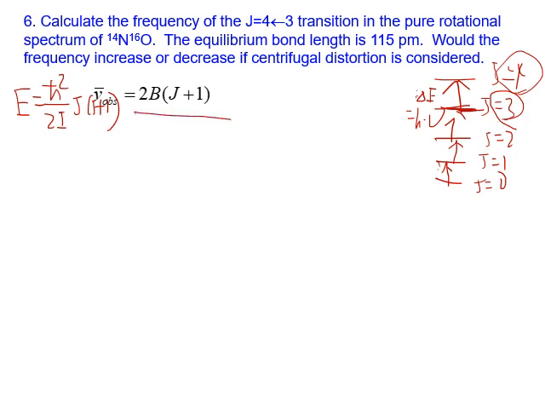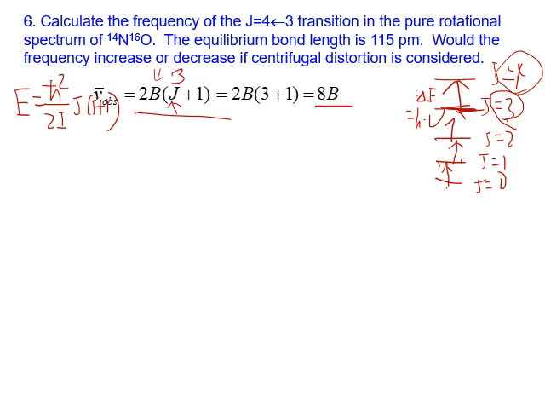That's the separation between any energy levels as a frequency. So that's the general equation. What is J? In this case, J is from 3 to 4, so you plug in 3 here. 3 plus 1 is 4, 4 times 2 is 8, so it should be 8 times B.